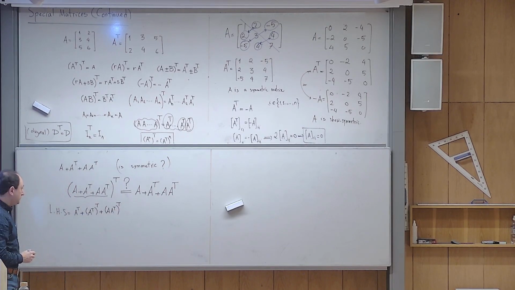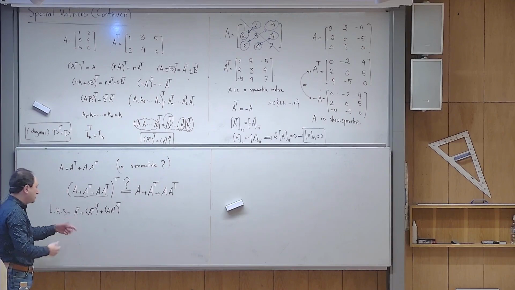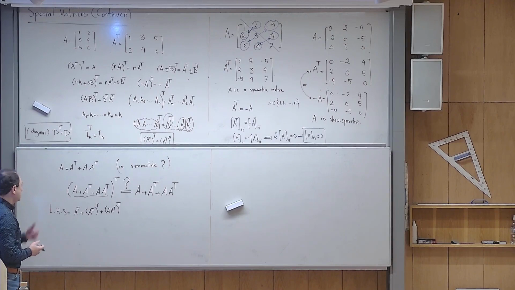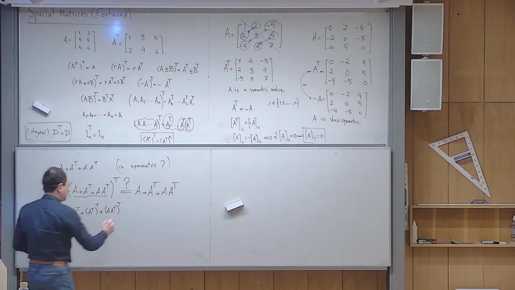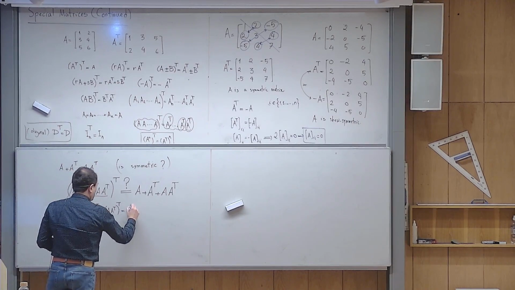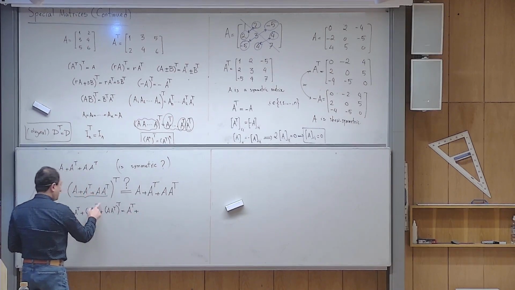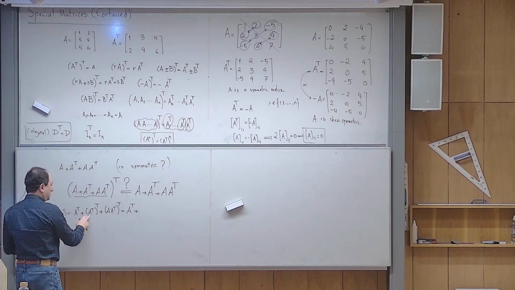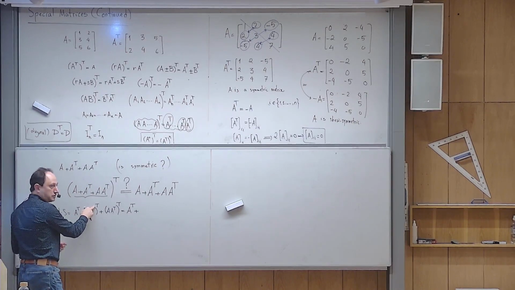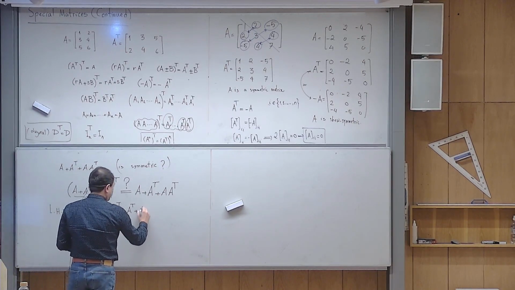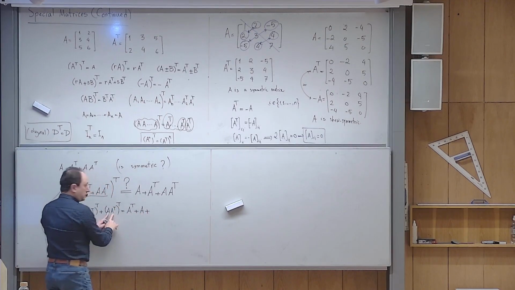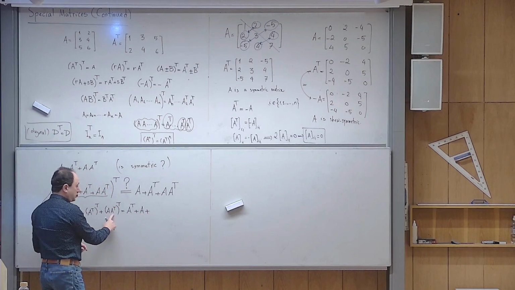Okay. Now, for A transpose, I cannot do anything because I don't know A, so I have to keep it. But for this one, what can I write? A transpose, transposed again, is just A. But for this one, we also learned the rule, because that's the product.